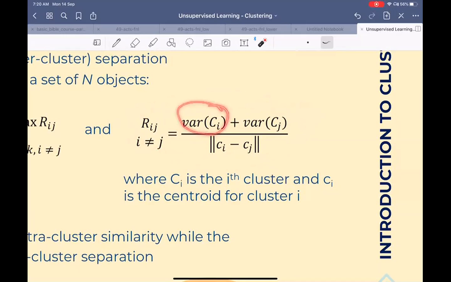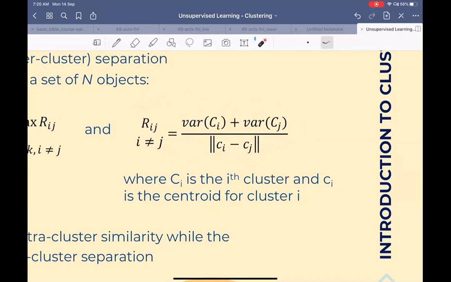So for high intra-cluster similarity, this will be a low value actually, and it is divided by inter-cluster separation. If the clusters are very far apart, this is also low.